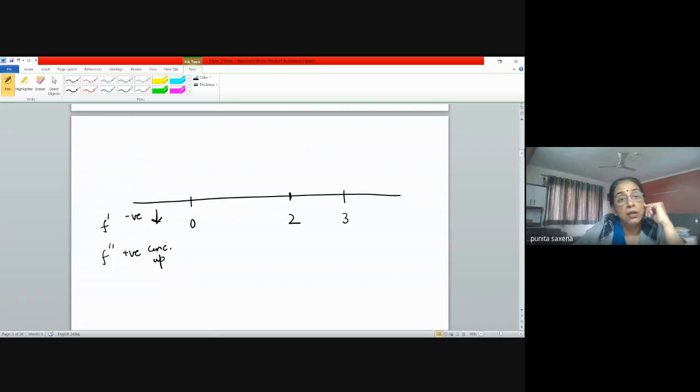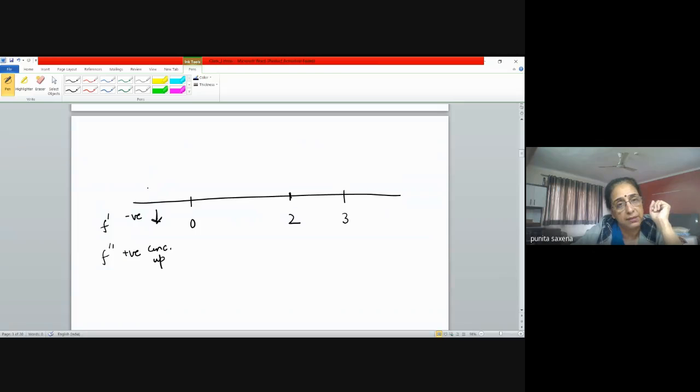Now decreasing, as I said, decreasing means you have to come from up to down, ठीक है, up to down. Decreasing मतलब ऊपर से नीचे बनाना है, ऊपर से नीचे.